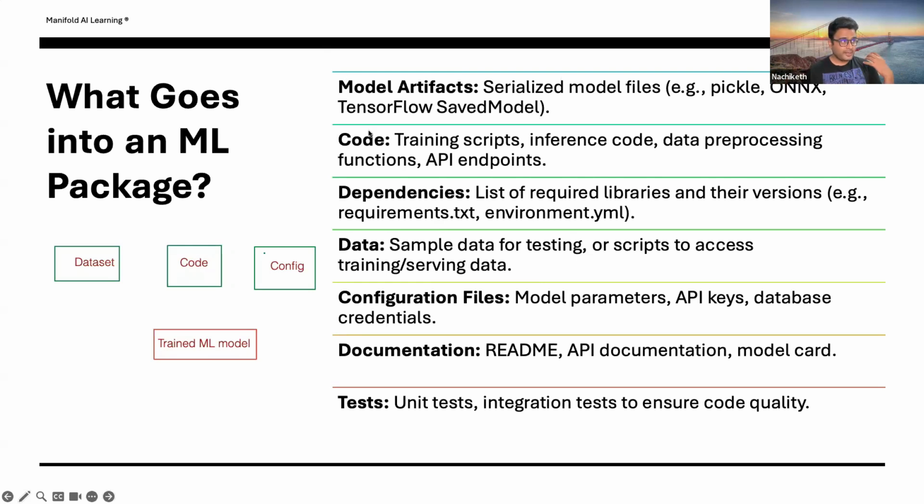Now, to ensure that it works everywhere, the other aspect we have to take care of is the dependencies. Think about it: if I'm using sklearn 1.0 in my development system, and in my production system it has, let's say, 2.0, then obviously if I use the same model, I'm going to have an error. So we have to maintain the environment dependencies.